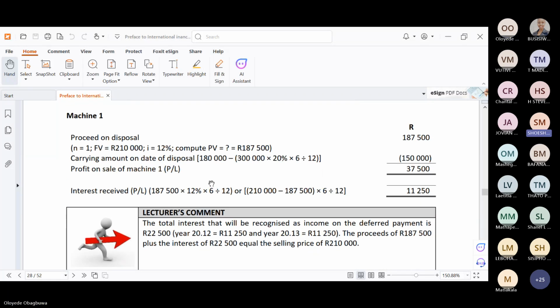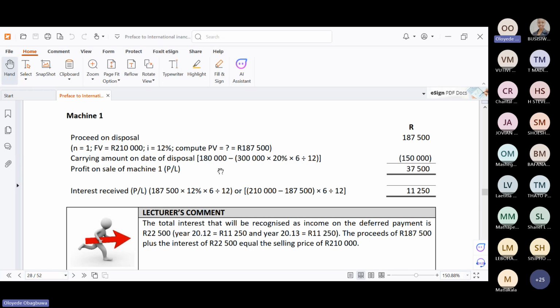Machine 1, the proceeds on disposal. The carrying amount, I will explain the issue of proceeds on disposal shortly. Let me just show you what I'm talking about. The carrying amount on the date of disposal.